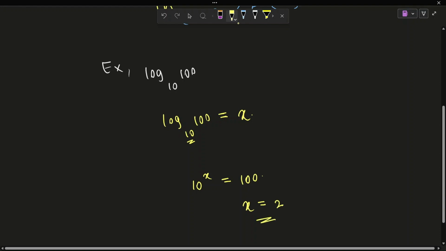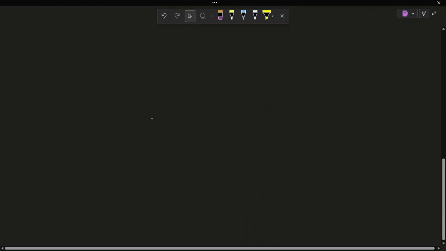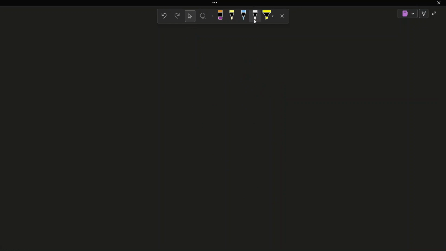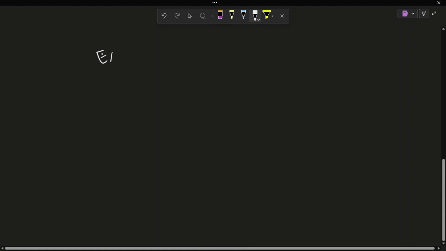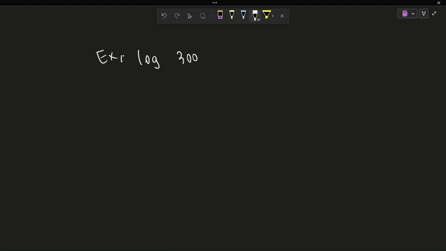Simple, right? Okay, so for the sake of practice, let's do another one. Say we have log 300 to the base 5. Now remember, the first step is equating it to a variable. I'm going to say the variable is y.